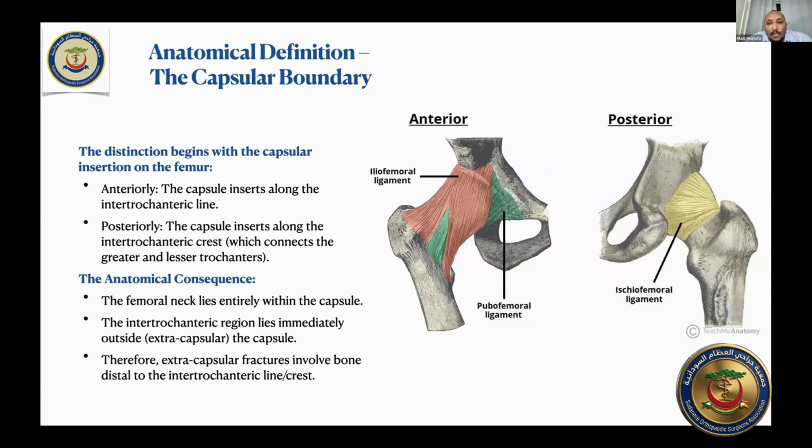It is reinforced by the iliofemoral and pubofemoral ligaments anteriorly, and the ischiofemoral ligament posteriorly. All the neck lies inside the capsule, while the intertrochanteric region lies immediately outside the capsule. Therefore, the extracapsular fracture involves bone distal to the intertrochanteric line or crest.